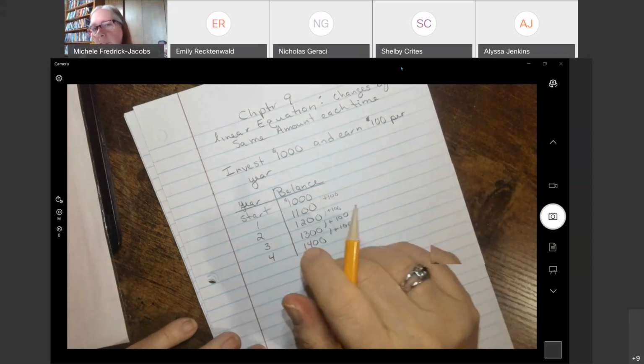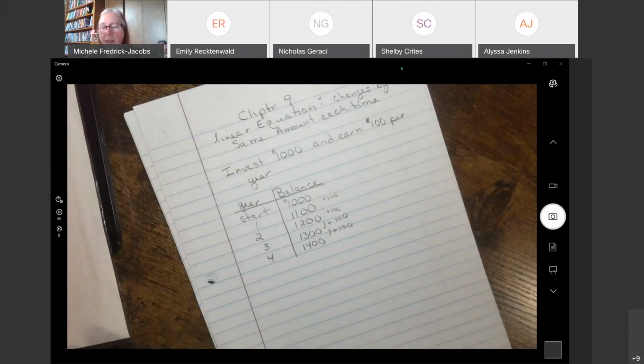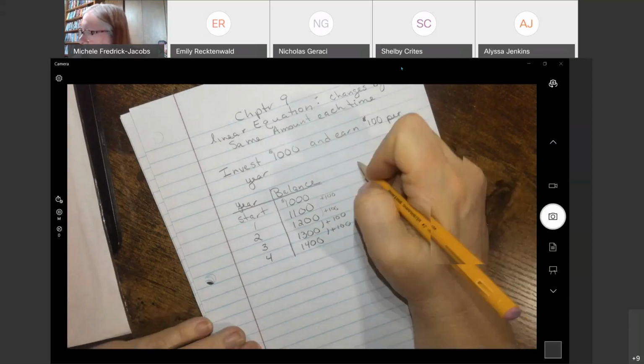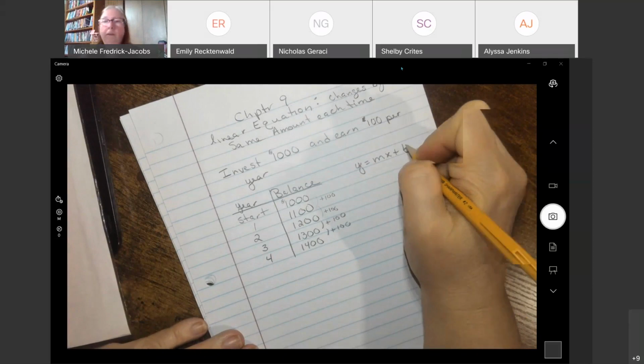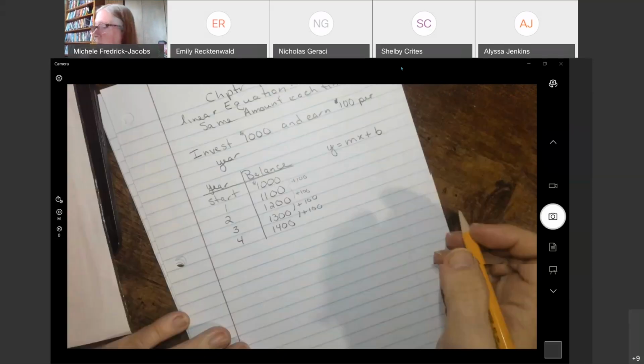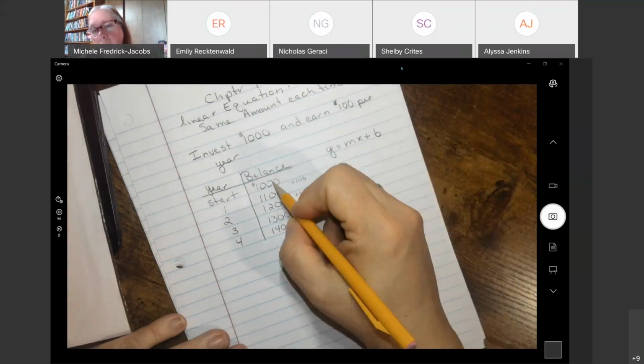And we've learned this one already. They're just showing you it with an account and comparing it with the percent that we're going to add. When it's linear, it's y equals mx plus b. B is the starting amount, so it's the $1,000.